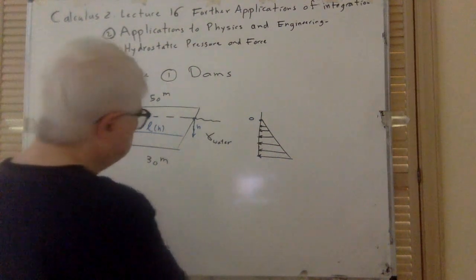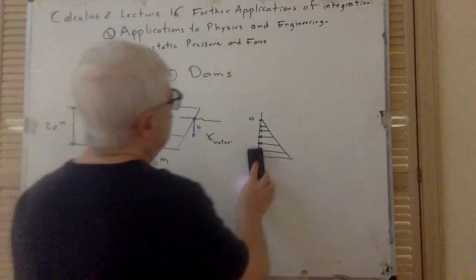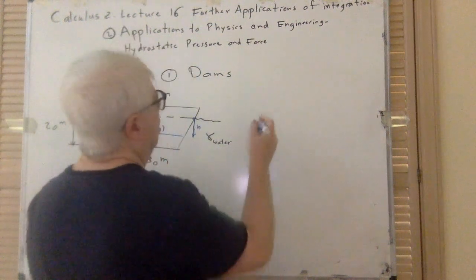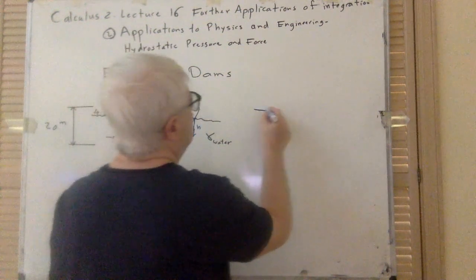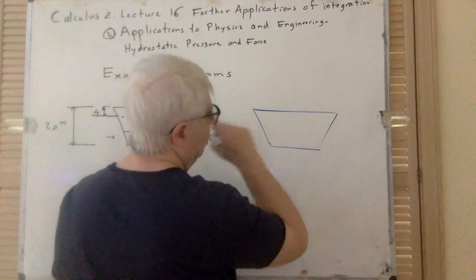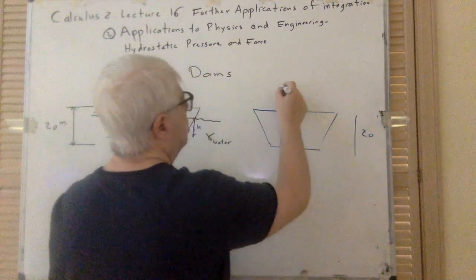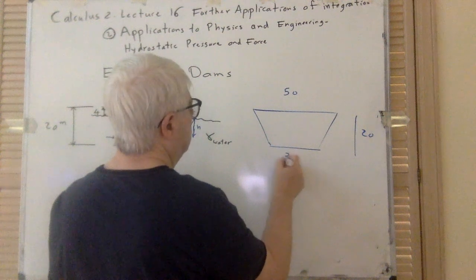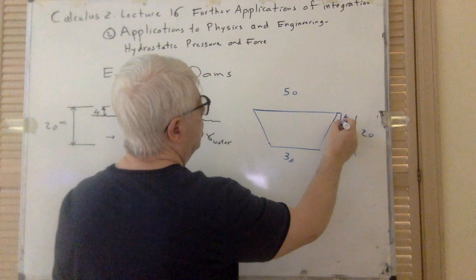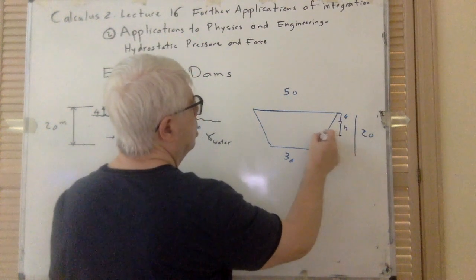Well, let's see. Let me erase this profile and see if I can find this thing. So, I have this situation, a trapezoid, and this side is 20, say, and this is 50, and this is 30, and this is 4, and then down here is H. I need this.